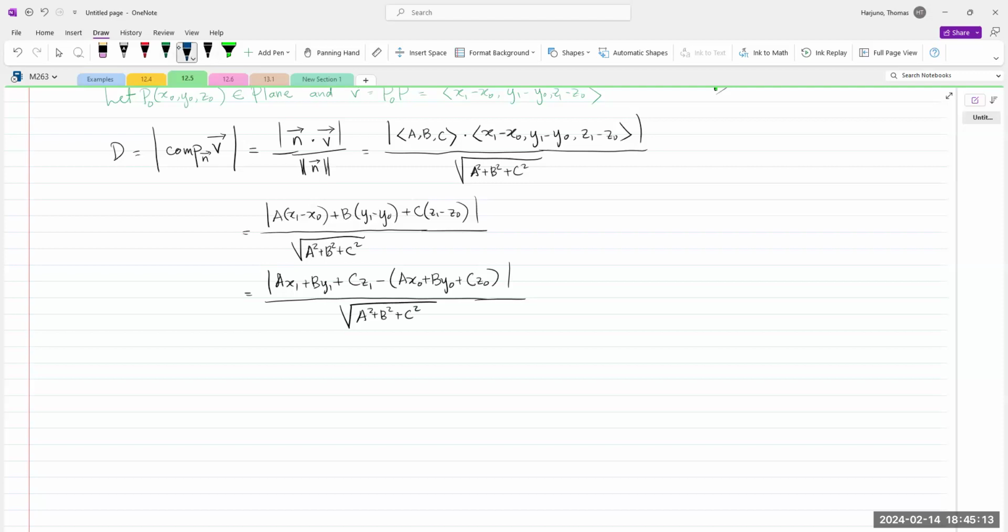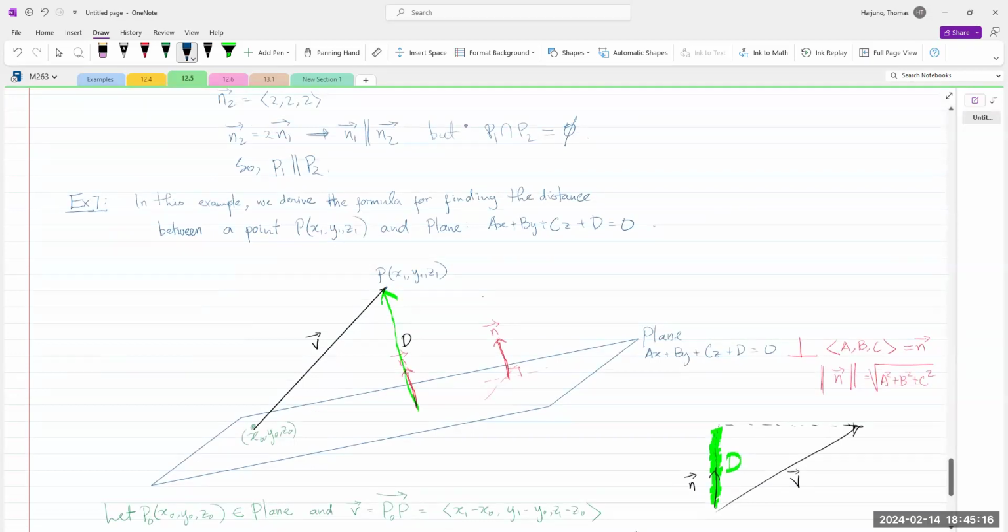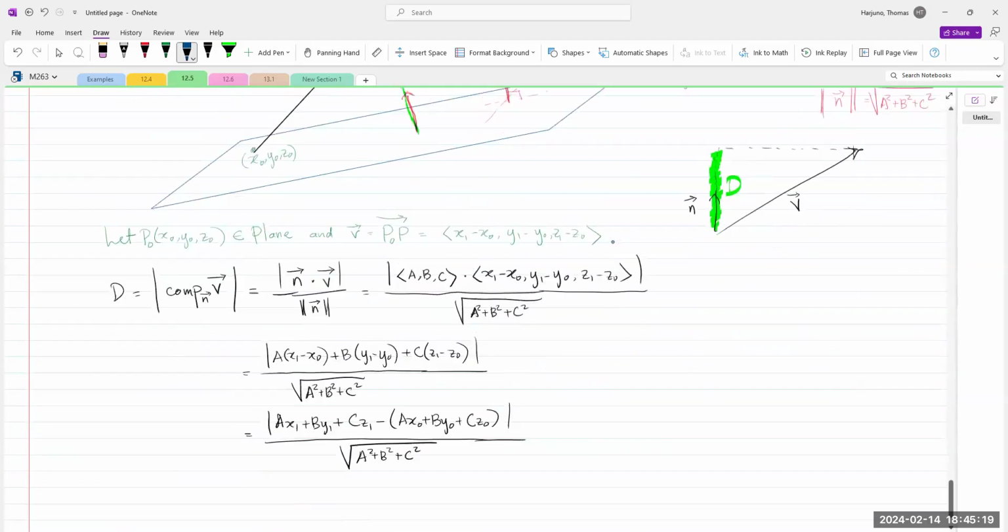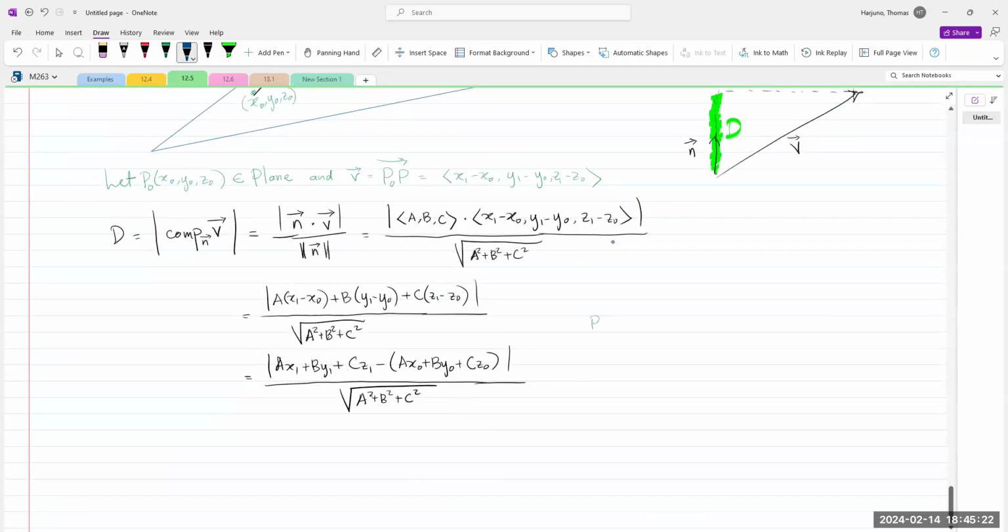But we know earlier the equation of the plane is ax plus by plus cz plus d equals 0. And because x naught, y naught, z naught is on the plane, then a x naught plus b y naught plus c z naught plus d equals 0.